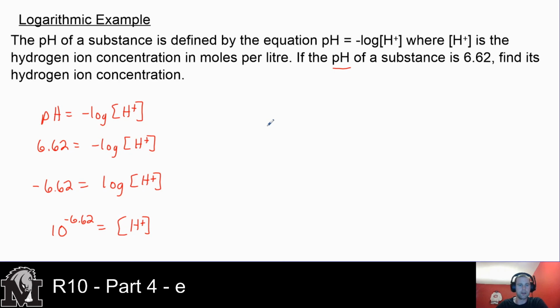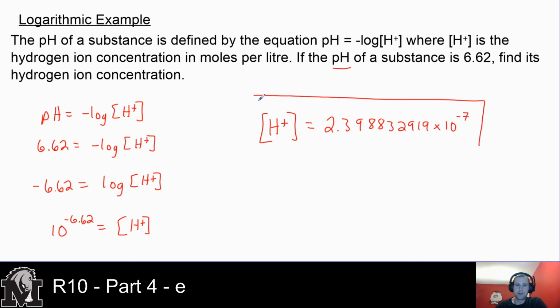So when we run this calculation in our calculator, we should get the number 2.398832919 times 10 to the power negative 7.